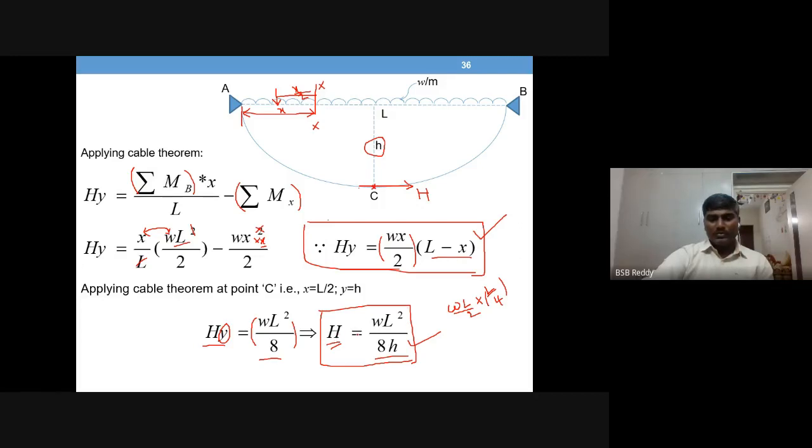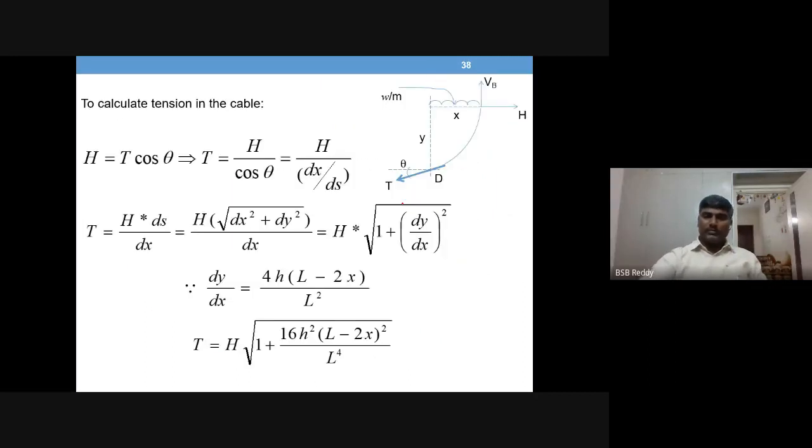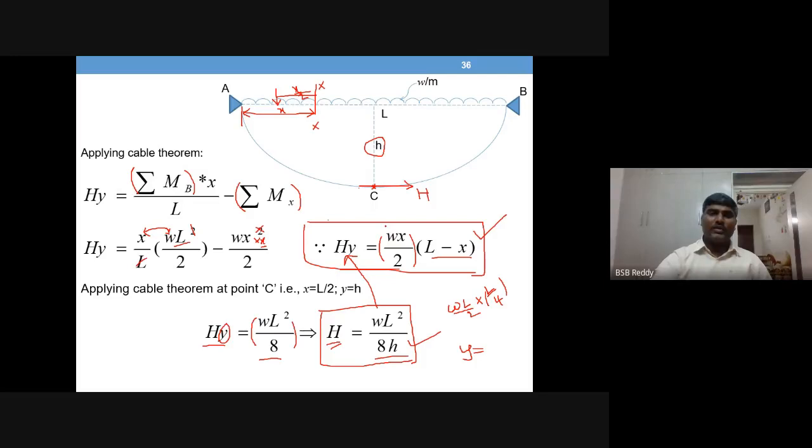Then we have substituted this H value into this one to get the Y equation for the deflected shape. Okay, so we got that it is a parabola. Okay, now another quantity that we want is the tensile force in the cable, right? So take a section anywhere in the cable. So I have cut the cable at this point, let us say.